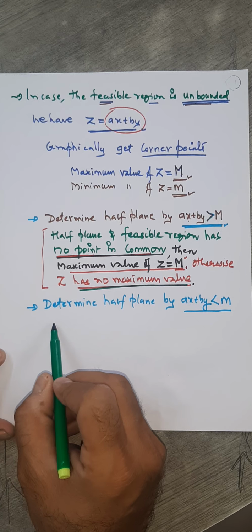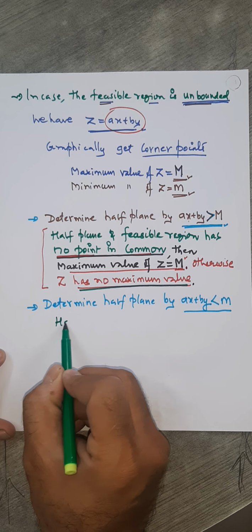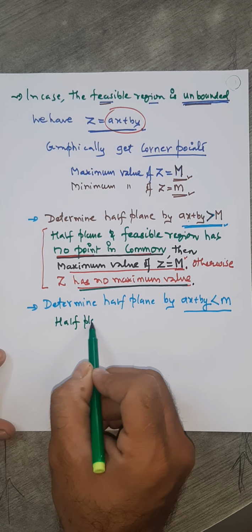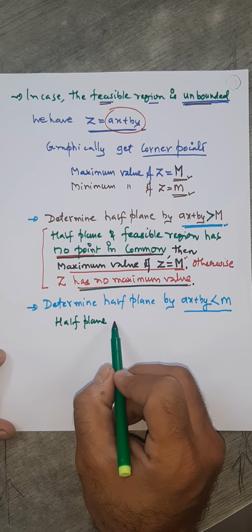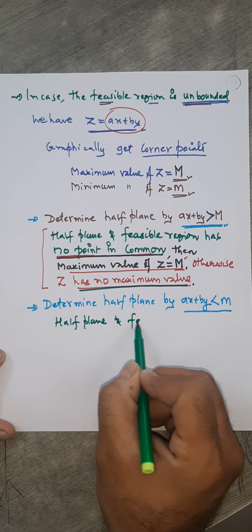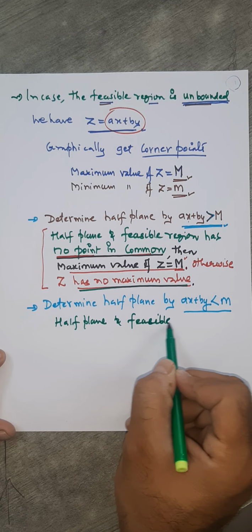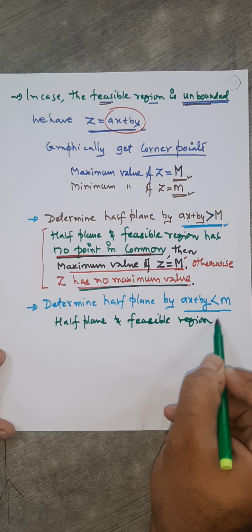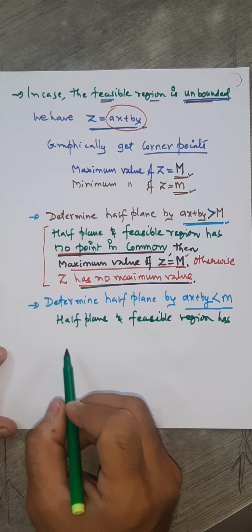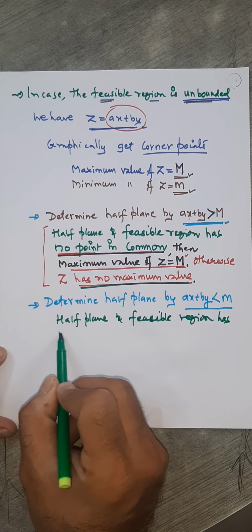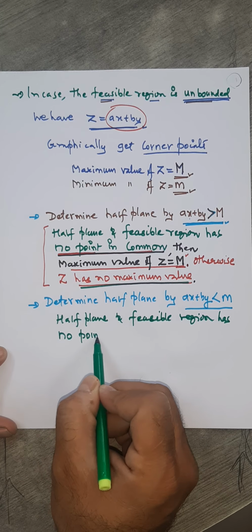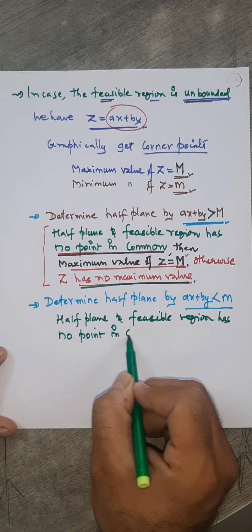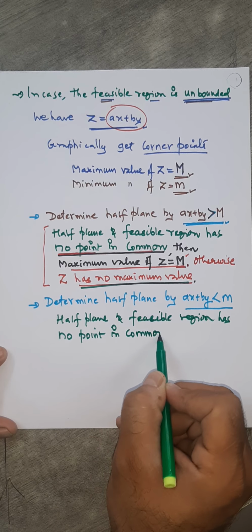Now come to this. Same procedure here. If the half plane and the feasible region have no point in common, the conclusion is the same.